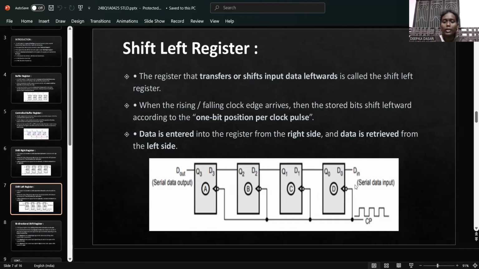That is why we considered the D flip-flops in this order, 0, 1, 2, 3, and D in is given on this side, as it is a shift left register. But in a shift right register, we had given the D input from the left side.